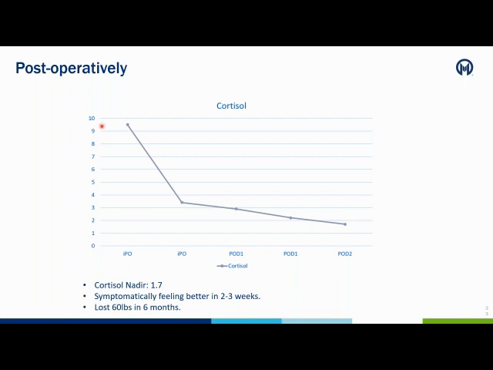So I do talk to patients that they will not feel well after the surgery because they are used to high levels of cortisol, and the cortisol is the stress hormone, it gives patients energy as well. And when we have a successful surgery and the cortisol drops, the patients feel very, very tired.